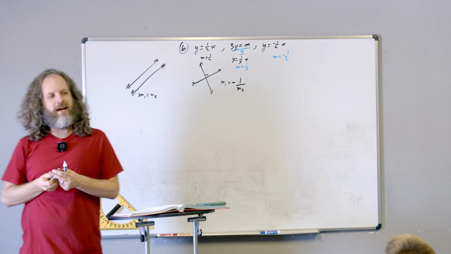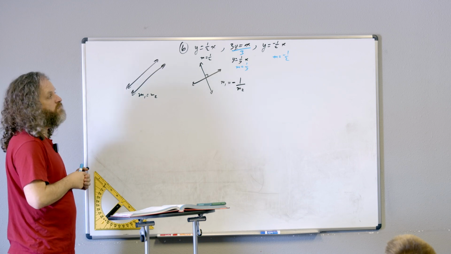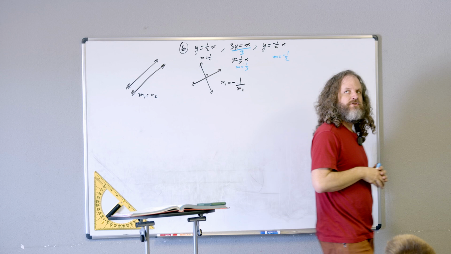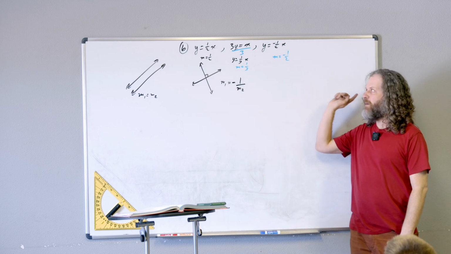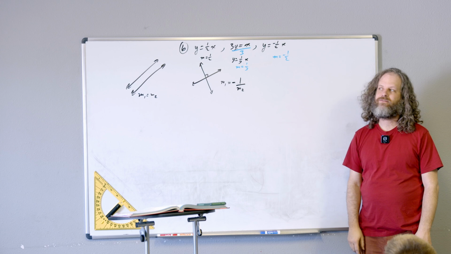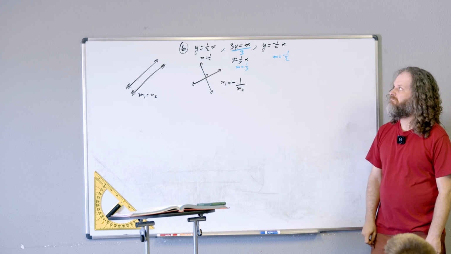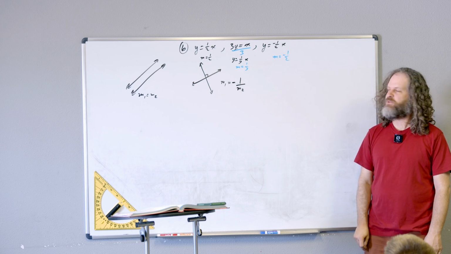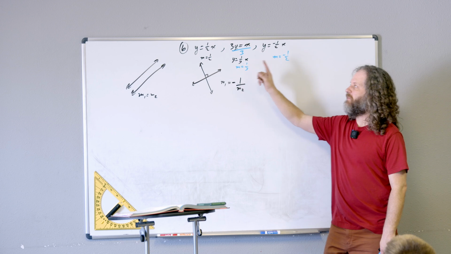So do any of those lines have the same slope? No, because this one's positive 1/2, that was negative 1/2, right? So none of them are parallel. Do any of them have opposite reciprocal slopes? Are you talking about this one and this one?